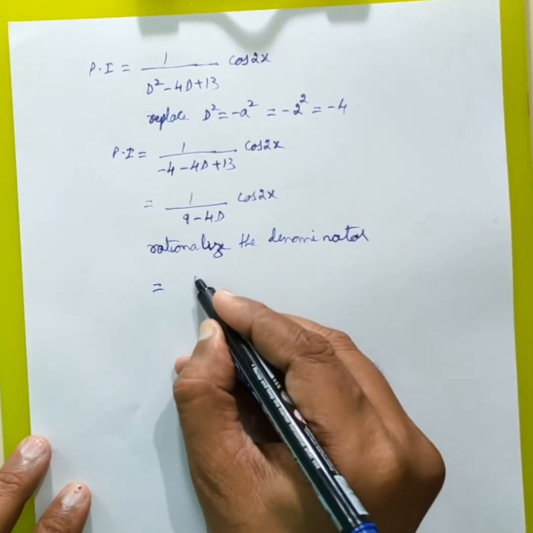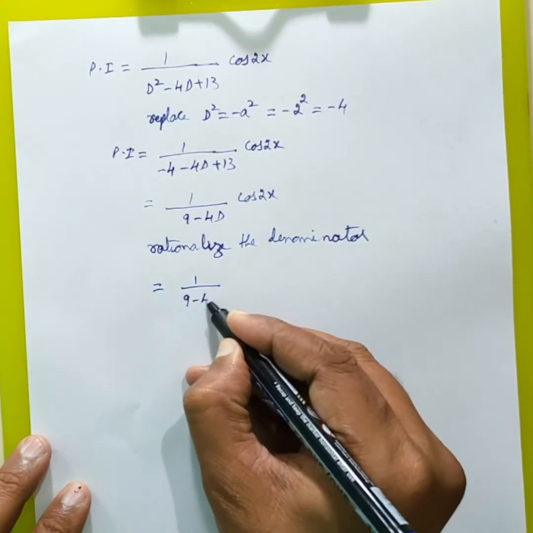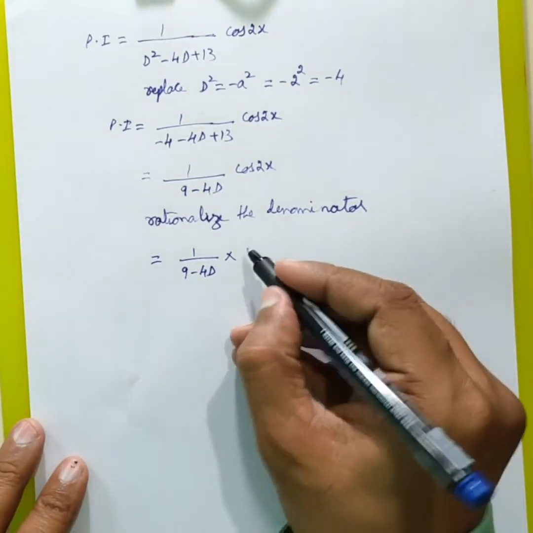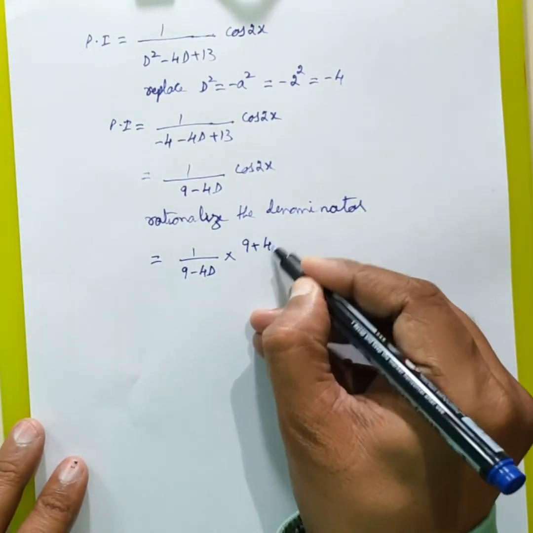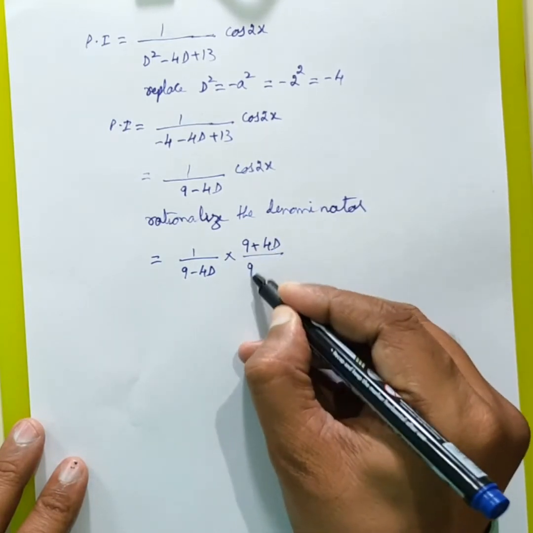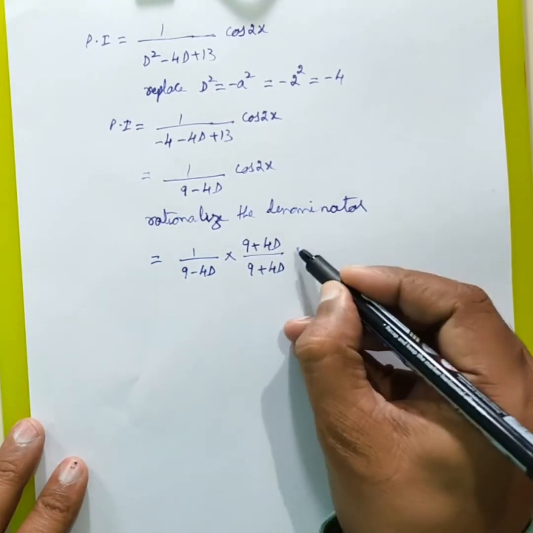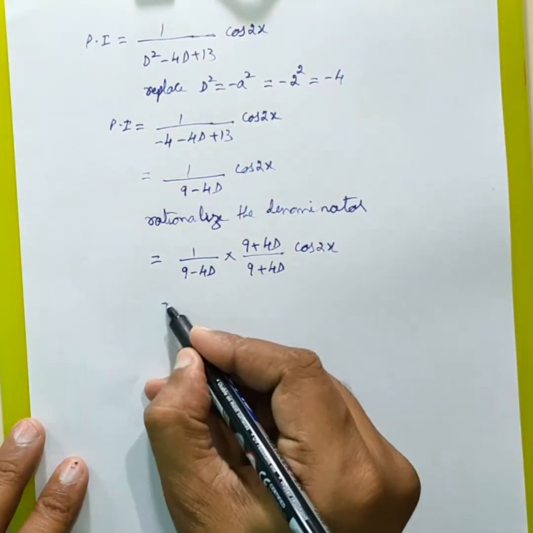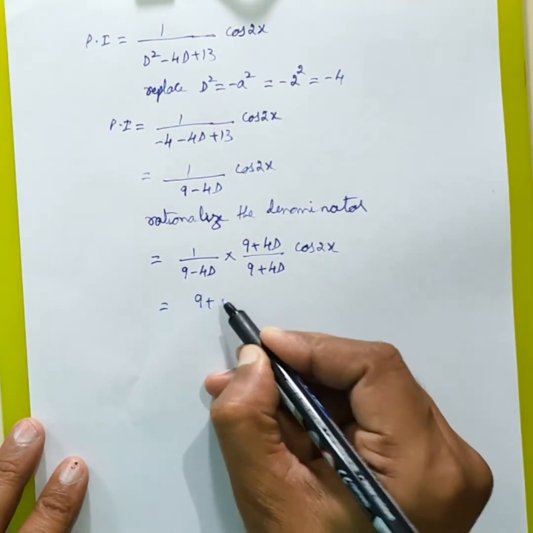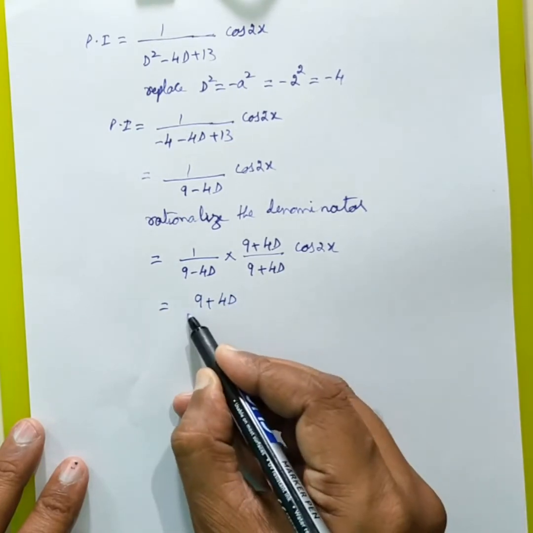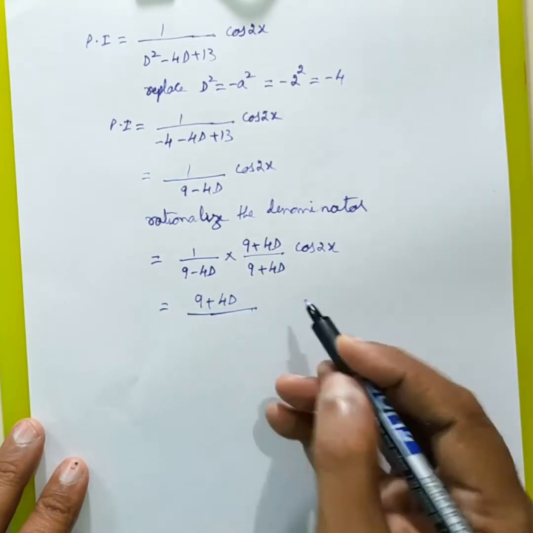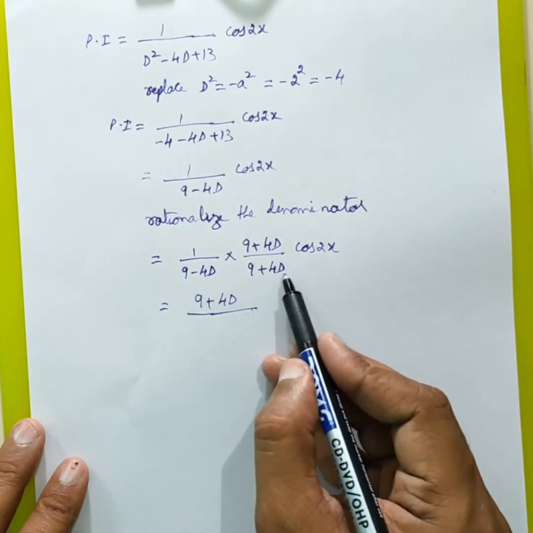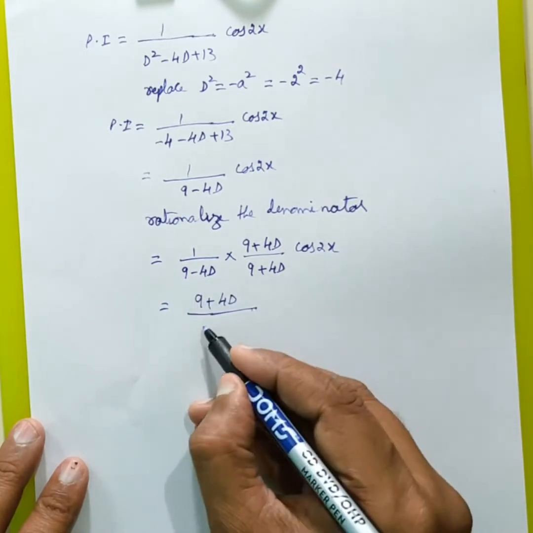That will be equal to 1 by 9 minus 4D. If you rationalize this term, it becomes 9 plus 4D divided by 9 plus 4D times cos 2x. This equals 9 plus 4D, the numerator as it is, whole divided by the denominator in the form of a minus b into a plus b, which is a square minus b square.